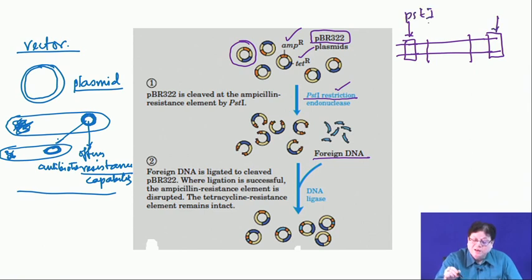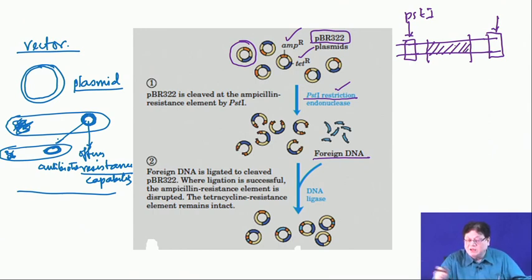Okay. So, then what will happen? After treating the foreign DNA with the restriction enzyme, remember this part should not be disturbed at all.